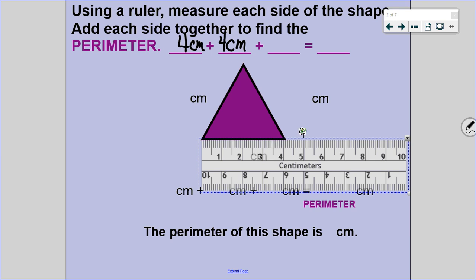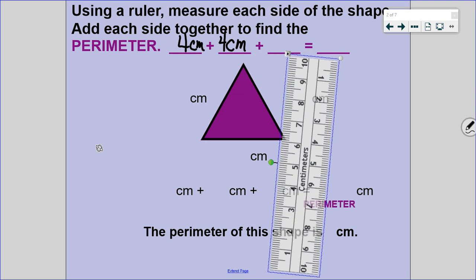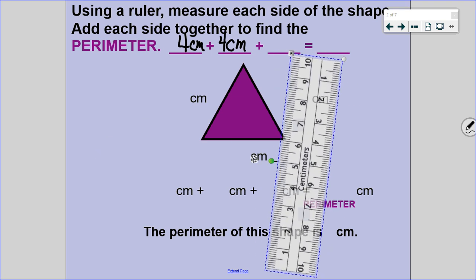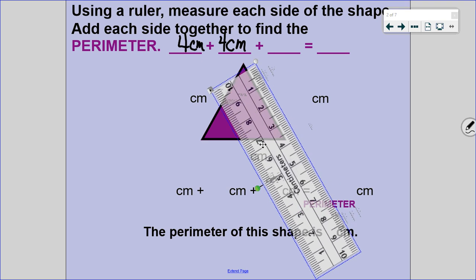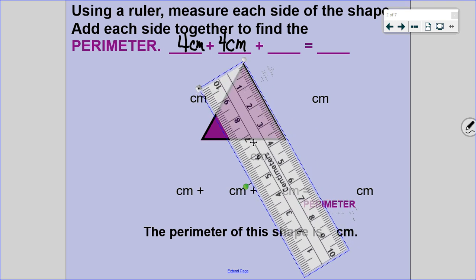I'm seeing a little pattern. Let's see if I turn it around what this last side is going to be. I get my ruler nice and straight and line it up: 4 centimeters. So if I add 4 centimeters plus 4 centimeters plus 4 centimeters, 4 plus 4 is 8, plus 4 more is 12.